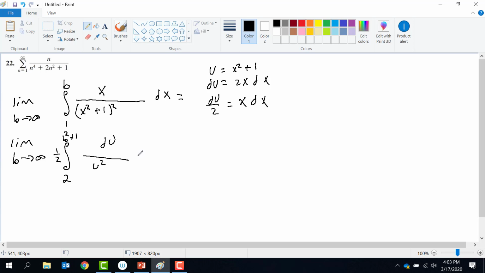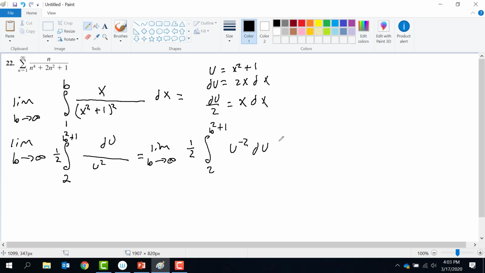This integral is easier to evaluate if we rewrite it as the limit as b goes off to infinity of 1/2 the definite integral from 2 to b squared plus 1 of u to the negative 2. Just because you see a 1 over does not mean you have a natural log.